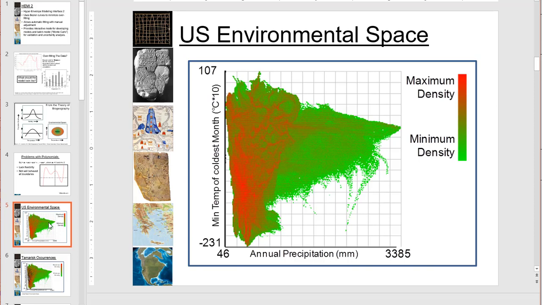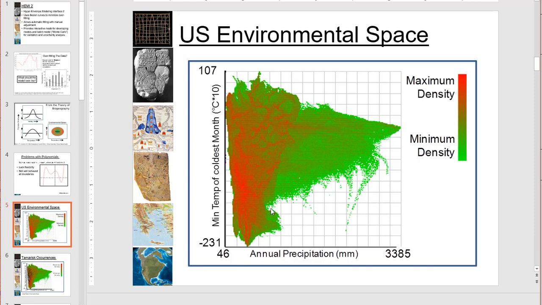What you see is green where there are very few pixels in the US that have that value, and red where there are lots of them. So once again we see that the United States has lots of dry areas, and here we can see it also has lots of dry, colder areas.